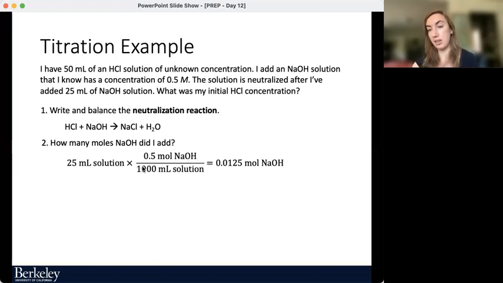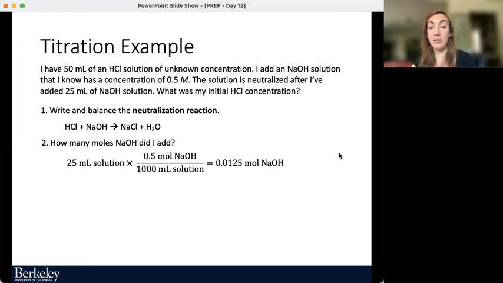And a liter is 1,000 milliliters. So I have 0.5 moles of NaOH per 1,000 milliliters of solution, and I added 25 milliliters of that solution. So this is just a unit conversion. I can cancel out these milliliters here, and that means that I added 0.0125 moles of NaOH.